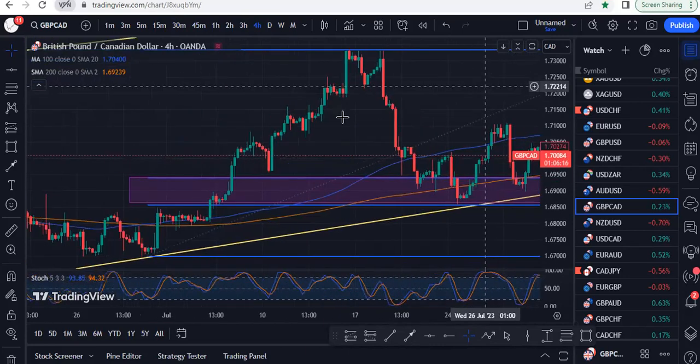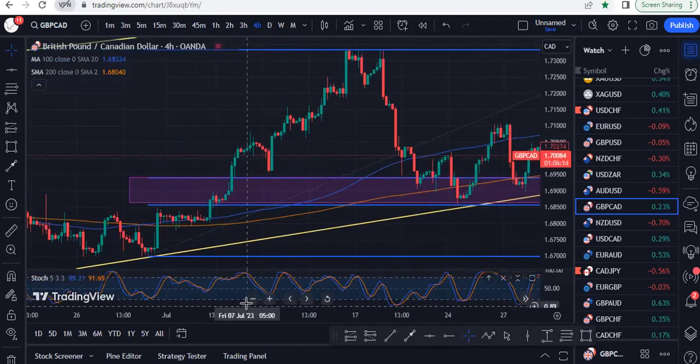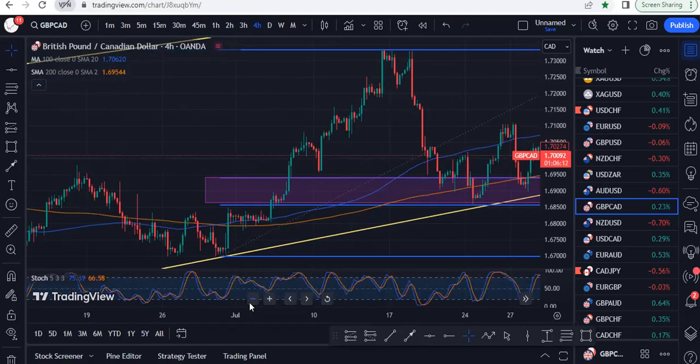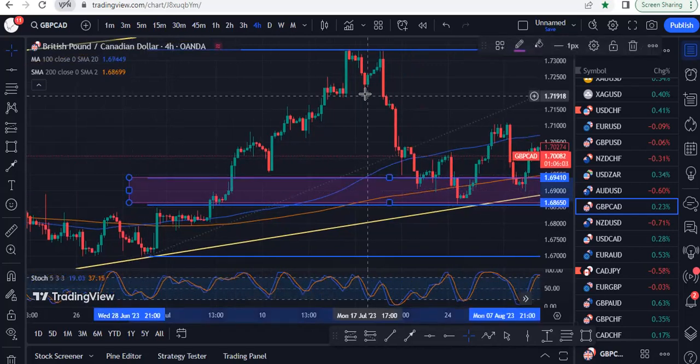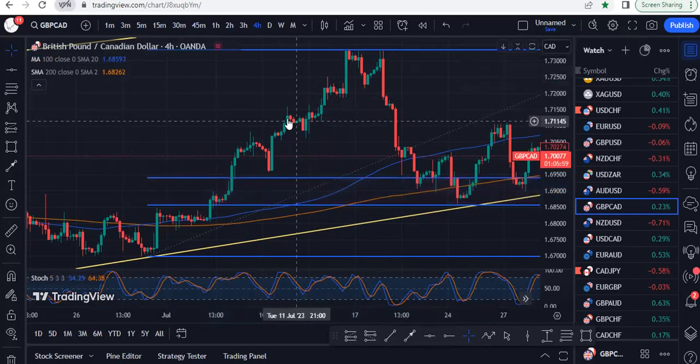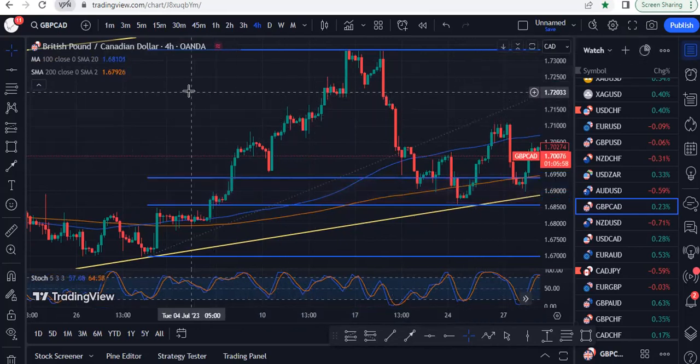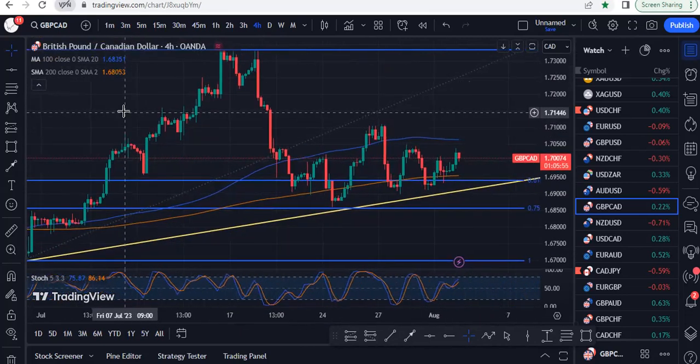As you see, we have connected our trend line and also our moving average, and we have found our golden zone. And then what we need now is to find our order block inside the golden ratio zone.